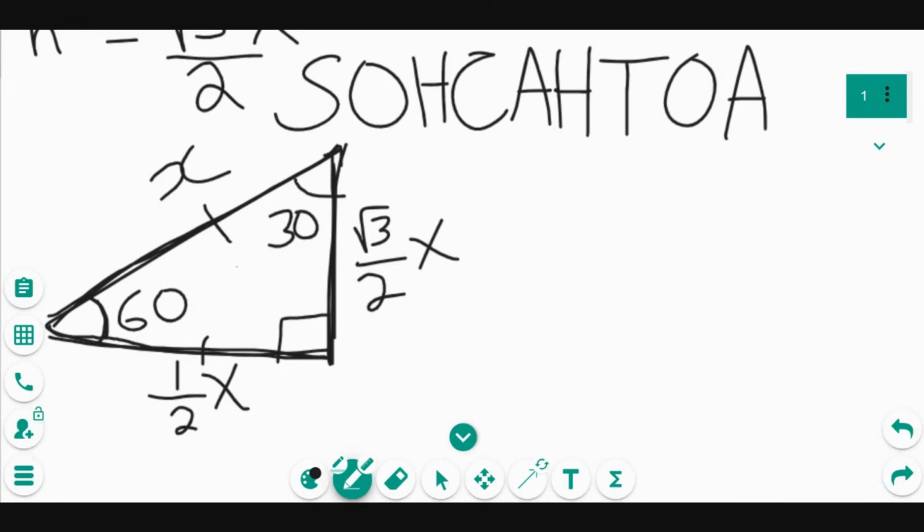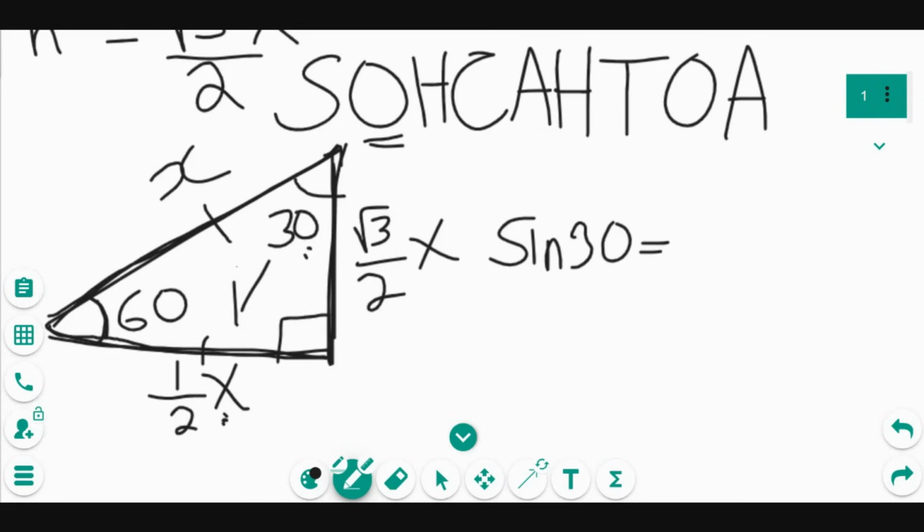So dealing with the 30, we said we want to prove that the sine of 30 is a half. So sine of angle 30, this angle 30 here, is going to be equal to the opposite, which is a half x.